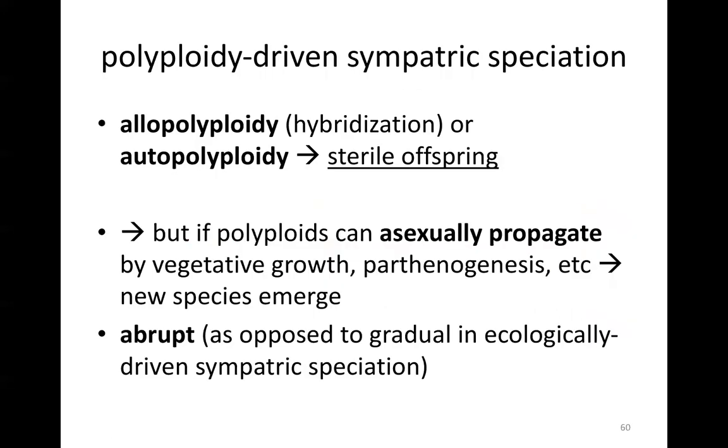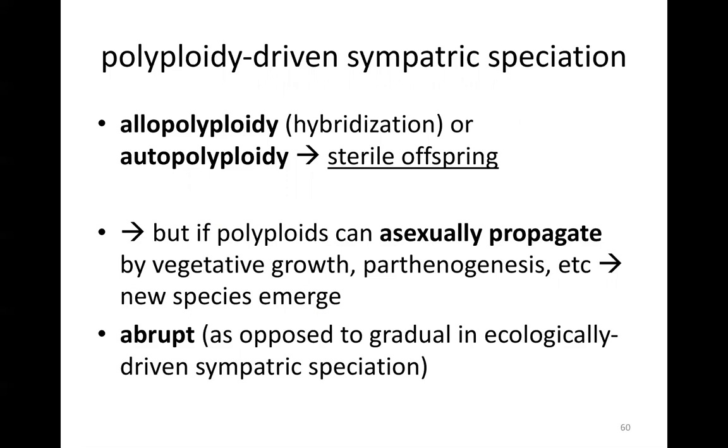As we mentioned, there's yet another distinct path to sympatric speciation, and that's polyploidy. So you might have allopolyploidy, that is hybridization between two distinct but not totally far away species, or you can have autopolyploidy caused by double fertilization or endomitosis.